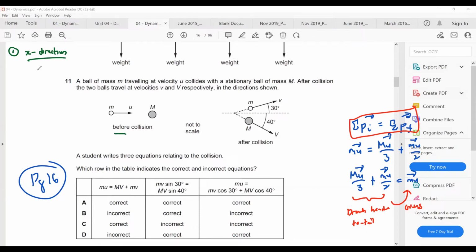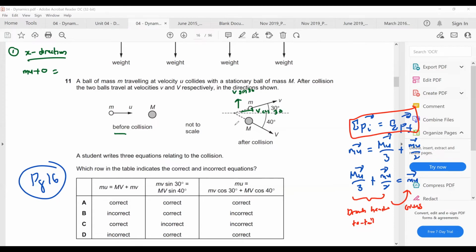Before collision, this one would just be mu plus 0 equals to, this one you know you can resolve into v sine 30, v cos 30.